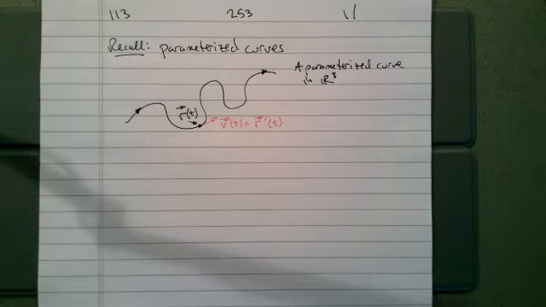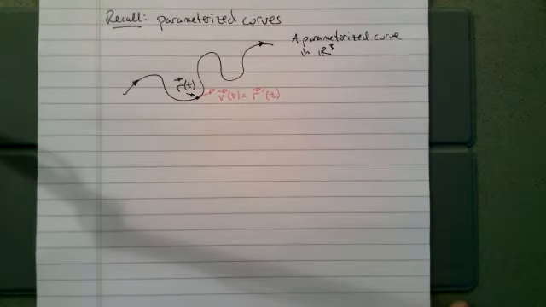Let's take this curve and add some stuff to the space around it so that we can make some vector calculations that we can then add up. So now we need a place to put our parameterized curves that are going to be vectors, and we're going to look at vector fields.